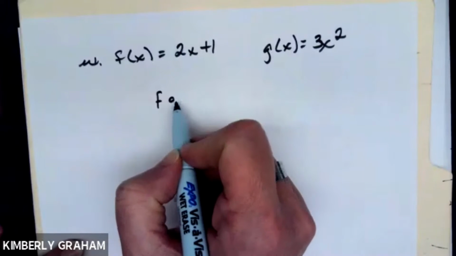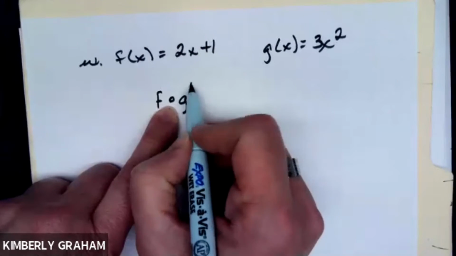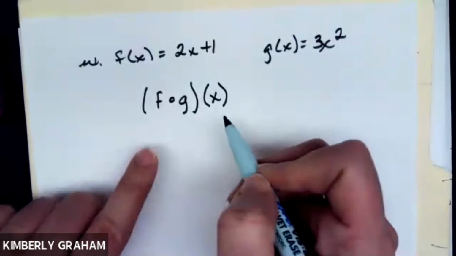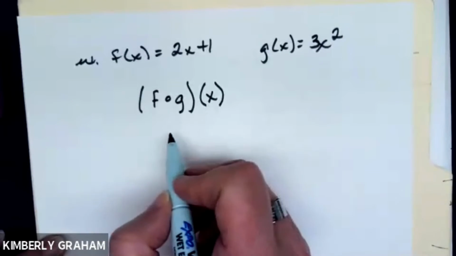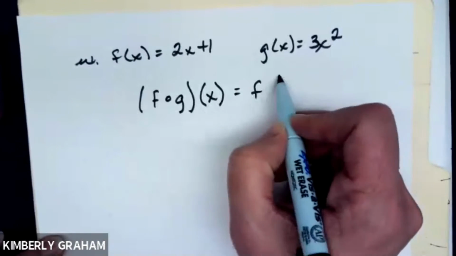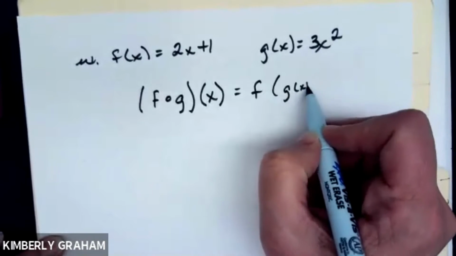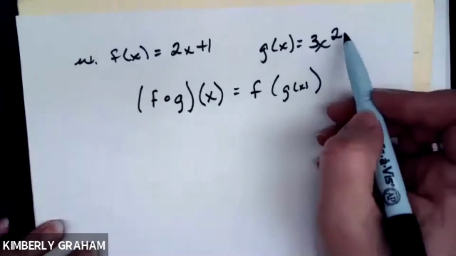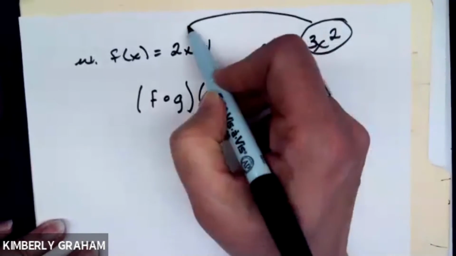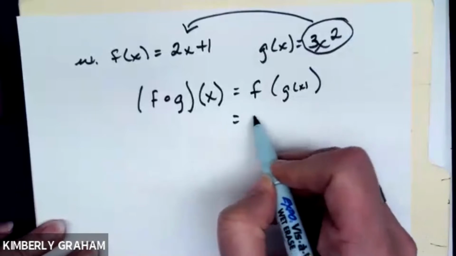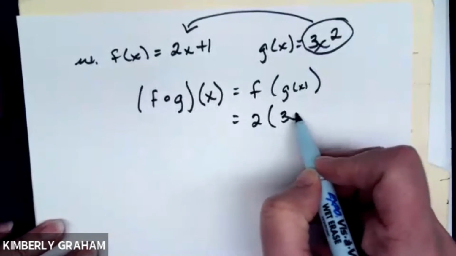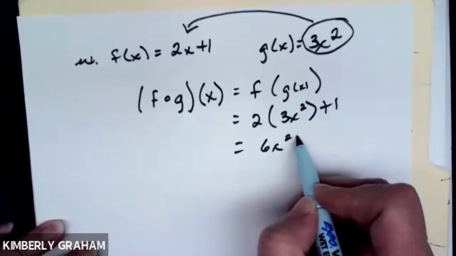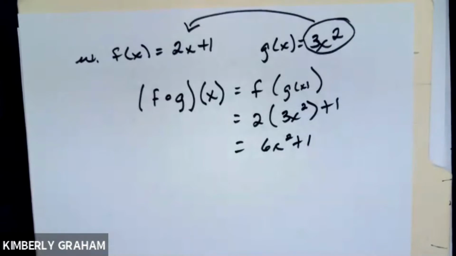Our textbook in college algebra used this symbol right here, f of g of x, and we also said that meant f of g of x. I'm putting the g function into the f function. I'm going to take this whole thing and put it in place of this x. So I have 2 times 3x squared plus 1, and that's 6x squared plus 1. So y'all remember function composition, right?